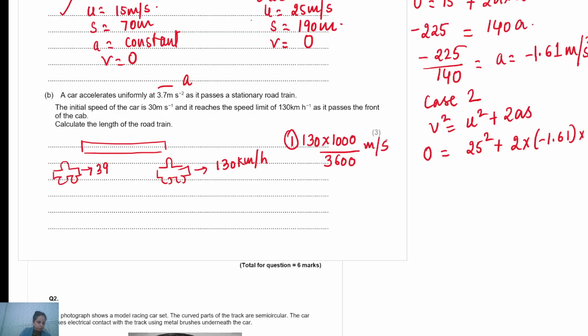I'm just going to do that right away. So 130,000 divided by 3600.